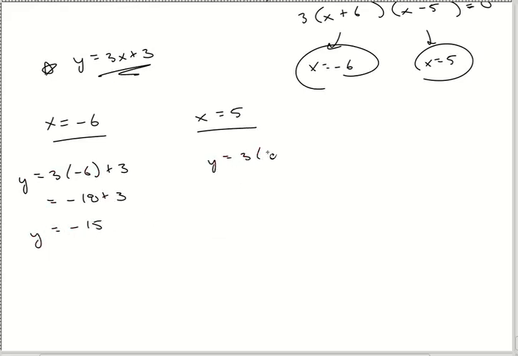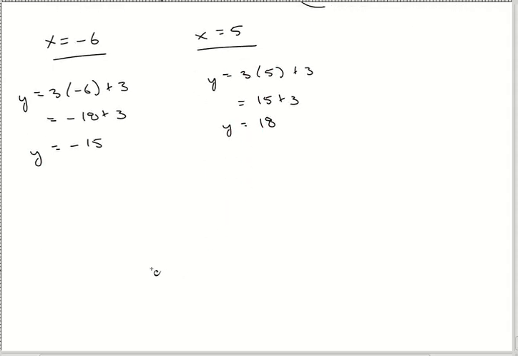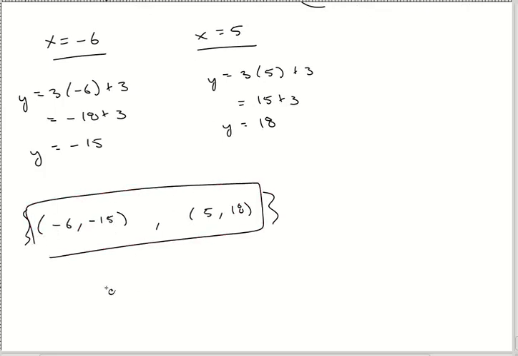And on this side, 3 times the 5 plus the 3, 15 plus the 3, 18. And so my two answers, negative 6, negative 15, comma, and over here 5, 18. Again, inside the curlies, and all in the one big box.